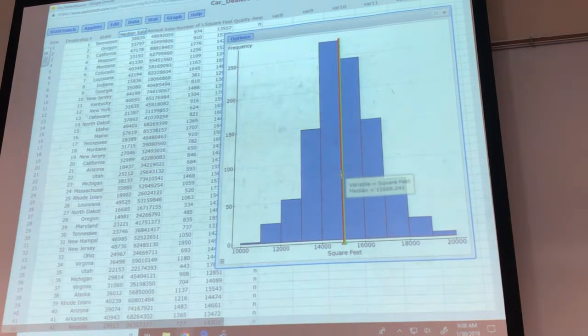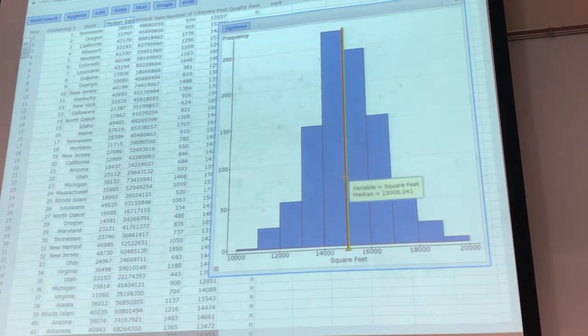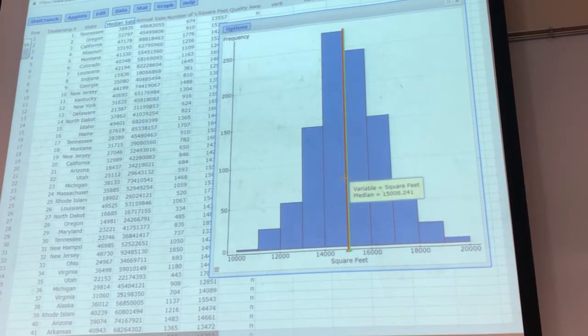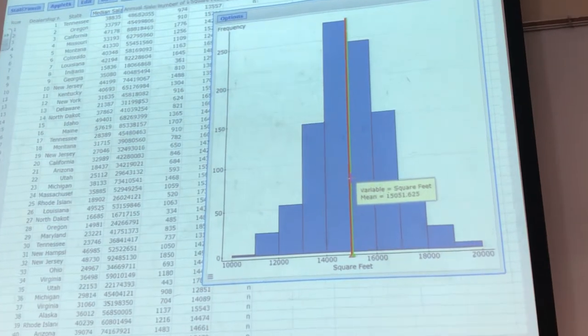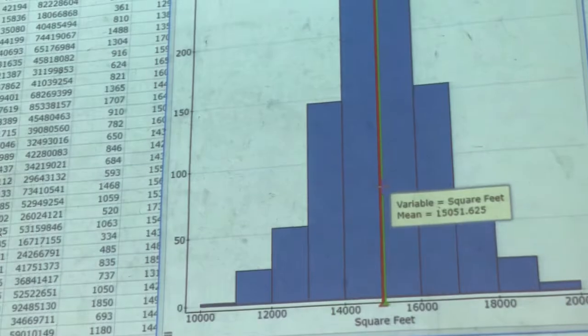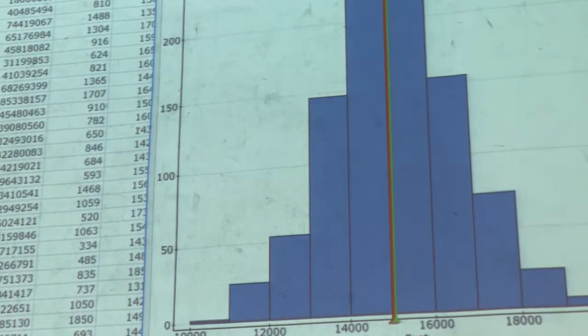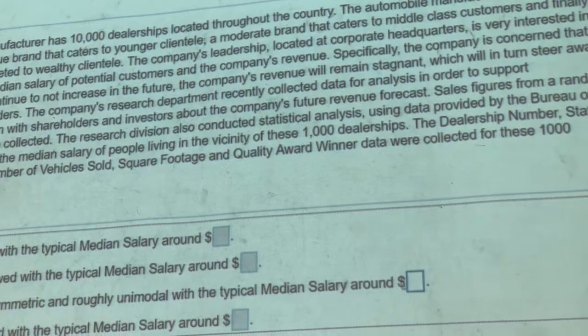So for me, I would say the middle is, let's see, it looks like about 15,000 for the median. The mean is about 15,051. So I could put in something like 15,000, and it should count it right.